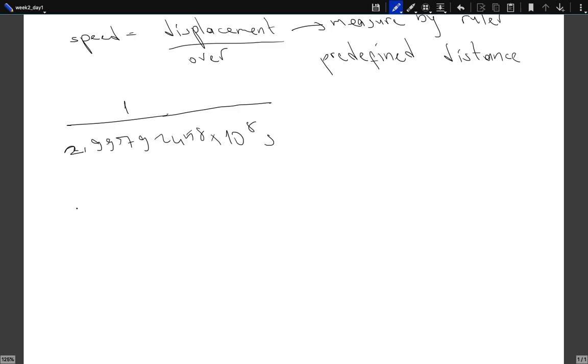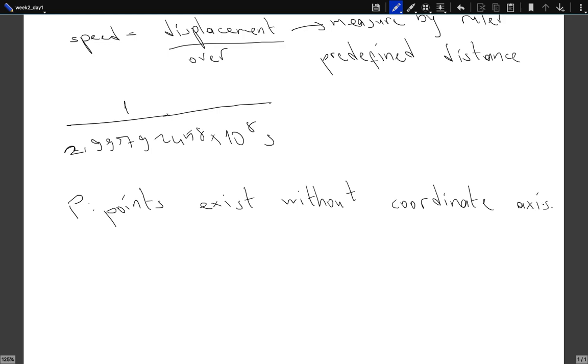So we have the points. They basically exist without coordinate axis. Well, it will be difficult to do computations with points without choosing a coordinate axis. For convenience, we choose a coordinate axis, then we choose the x and the y and the z coordinates of the position of that point.